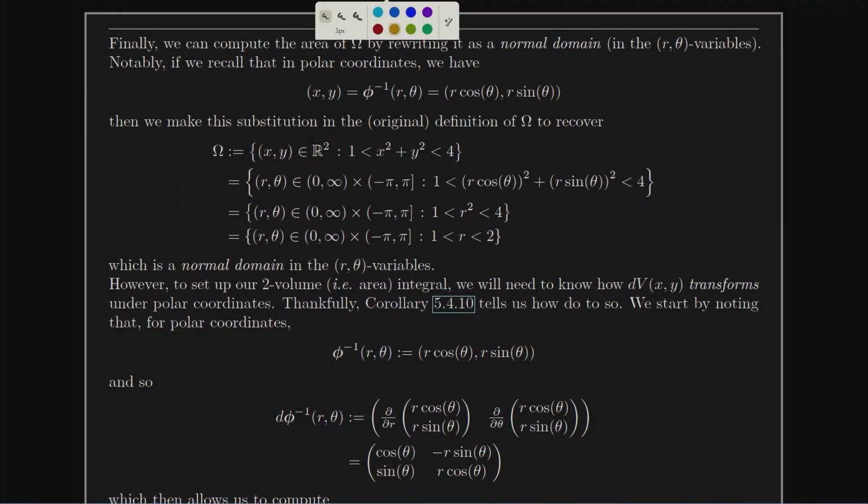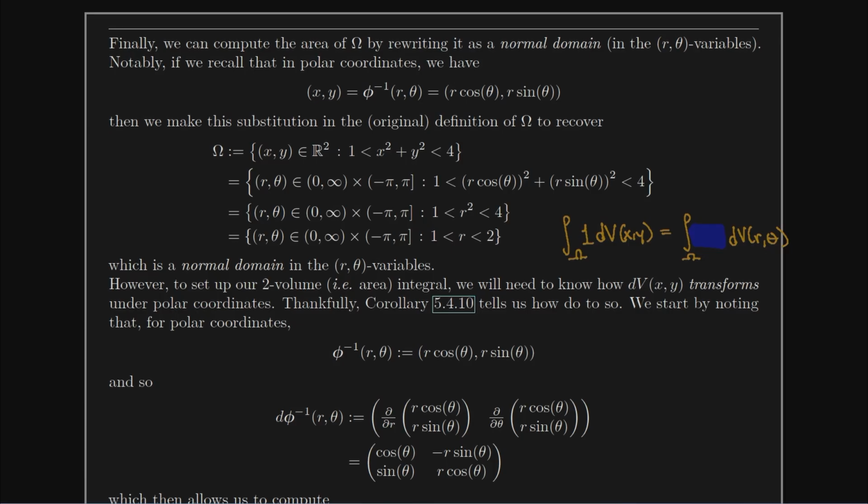Now we may want to find the volume of the region, right? And the volume of a region is always just going to be the integral of the volume form over that region. So we have the integral of 1 dv, but that's in Cartesian coordinates. Now we're going to have the integral of the volume form in r comma theta. And the big question is, should this still be 1?